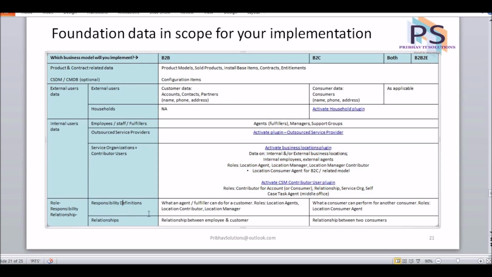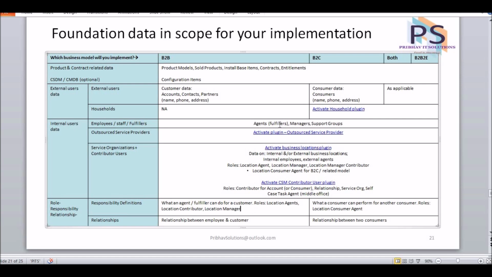Roles and responsibility: based on whether it's an agent or external contacts, we need to maintain the roles. We have multiple roles in the system, such as location agent, location contributor, location manager, which we need to assign to the individual users so that they can manage this system.